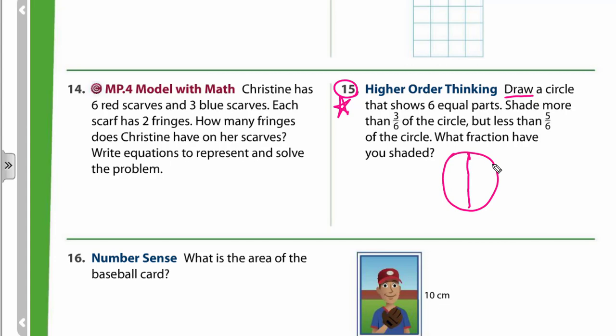Okay, now draw a plus in it and another. Okay, we can divide it like this. 2 lines. And now these are 6.